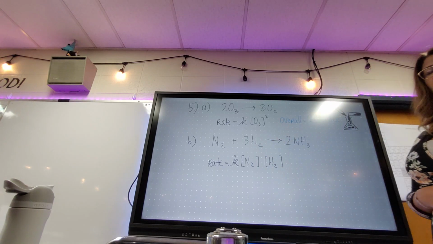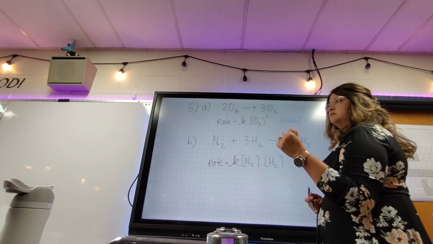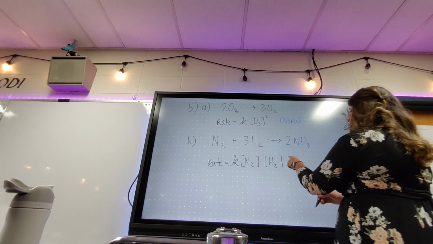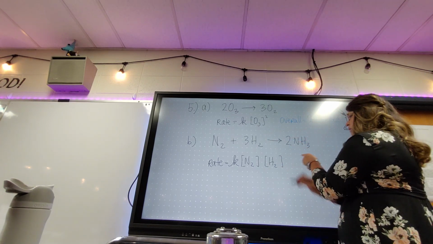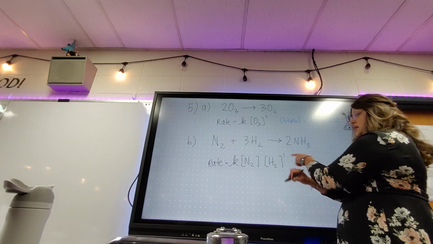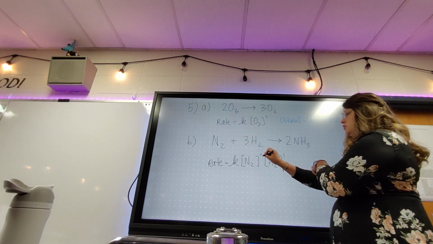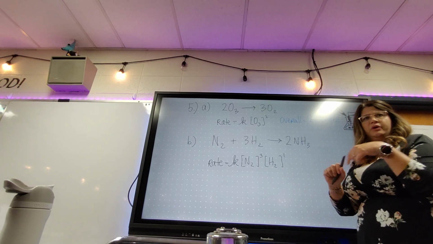So it should say the reaction is, somebody help me. First order H2 and third order N2. Okay, so it's first order H2. So that means that there would be a 1 here. And third order N2, there would be a 3 here. But remember, we don't ever write the 1 in exponents in math, right?